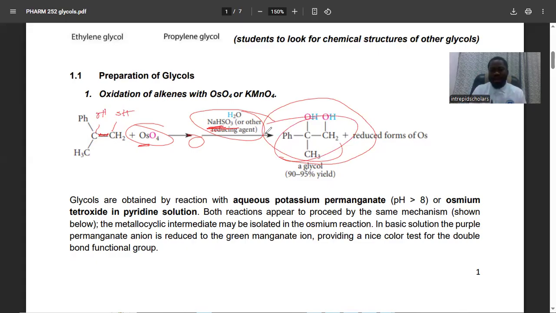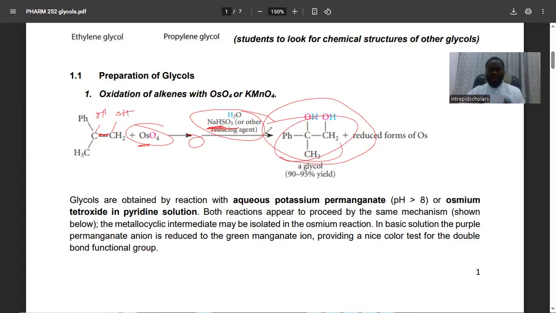The power of KMnO4 depends on the solution in which it is in. And so KMnO4 can be used in an acidic medium, in a neutral medium, and KMnO4 can actually be used in what? In a basic medium. If we say aqueous potassium permanganate, pH greater than 8, it means we are talking about what?